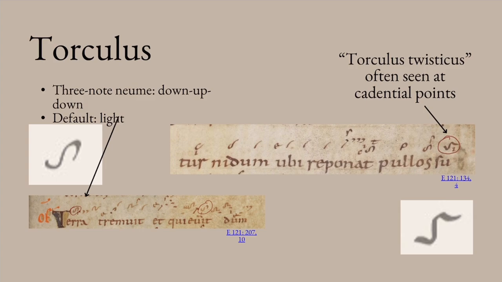We can also sometimes see a torculus initio debilis, where the first note essentially disappears, and in later manuscripts you see it's disappeared altogether. That's a very special case of the torculus.